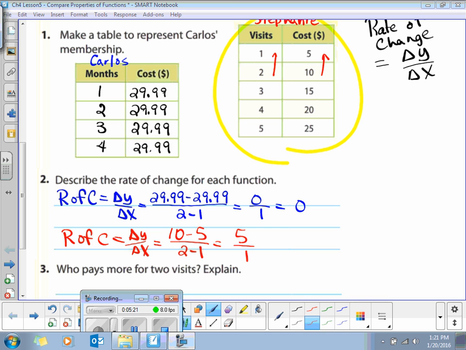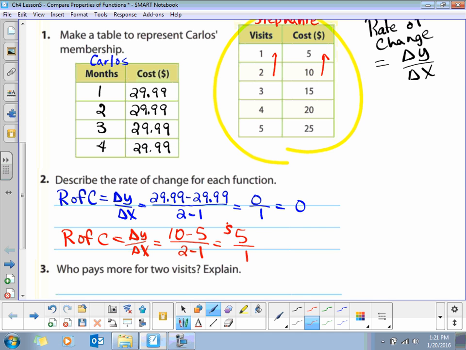This 5 over 1, what does the 5 represent? Represents what? Cost. That's dollars, right? So that's $5 over 1 visit. Very good.